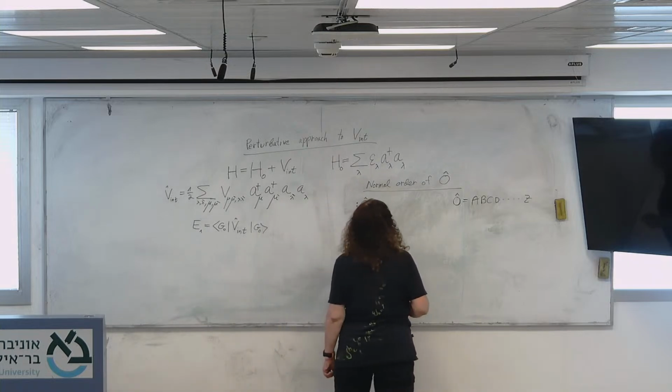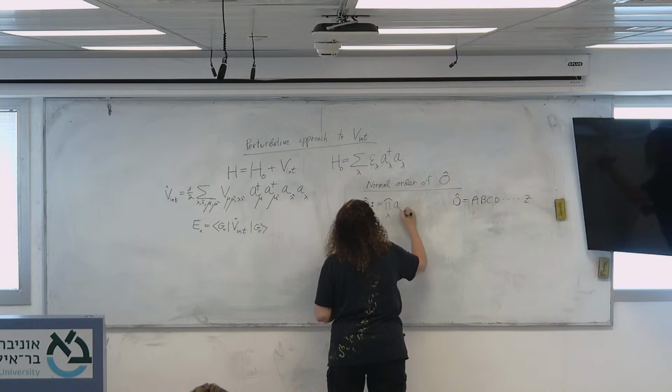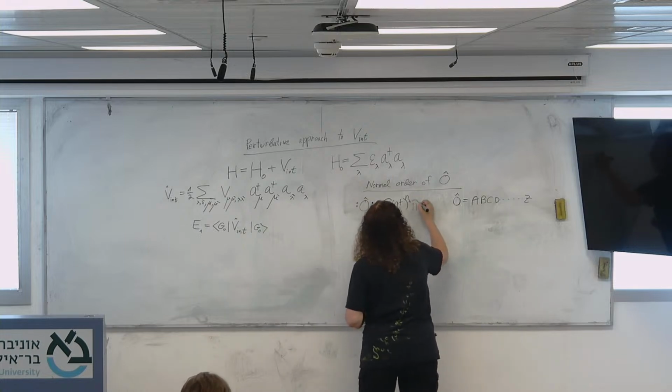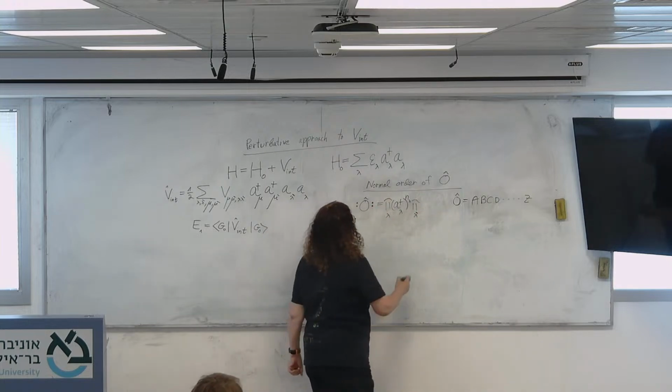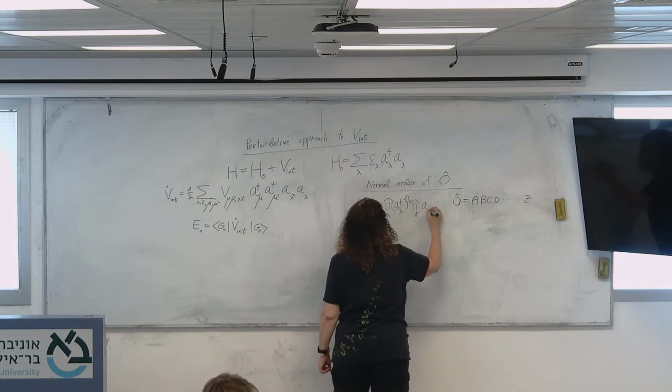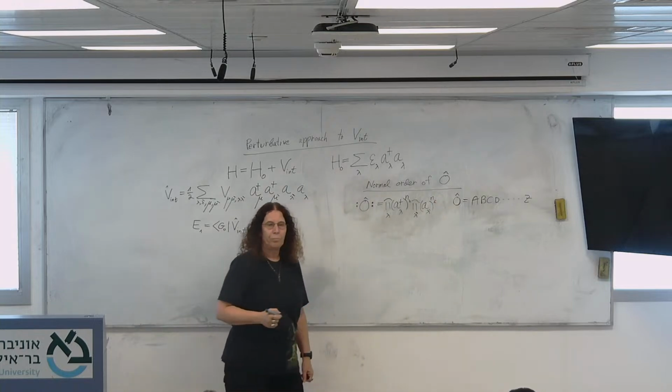So in a normal order, all the creation operators are on the left, and all the annihilation operators on the right. Okay?